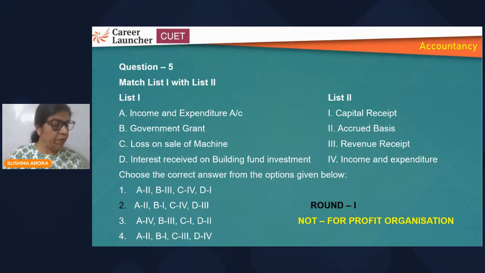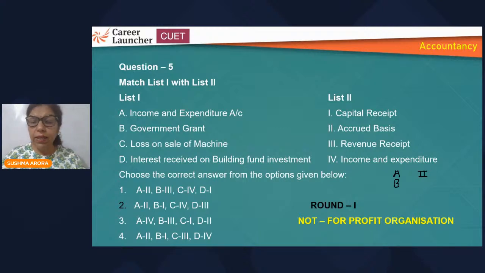Yes, children. See, income and expenditure account is on accrual basis. So it's my suggestion to you, you have to do these questions this way. A, second. Why? Because income and expenditure is on accrual basis. Now, B, government grant.